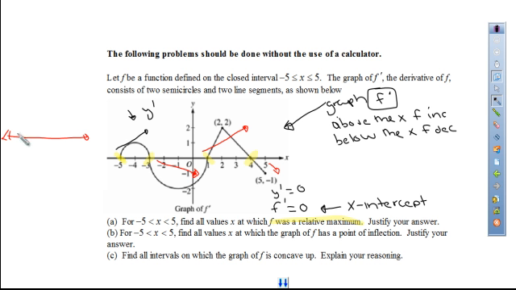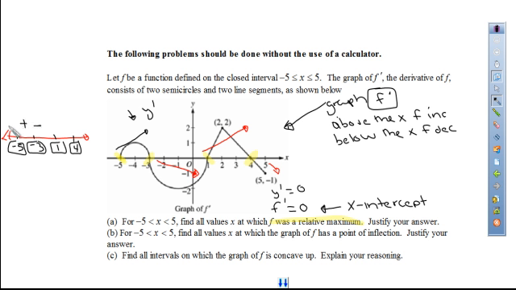We have negative 5, negative 3, 1, and 4. These are all my critical points. Okay, those are critical points of f. So I'm positive here, I'm increasing.